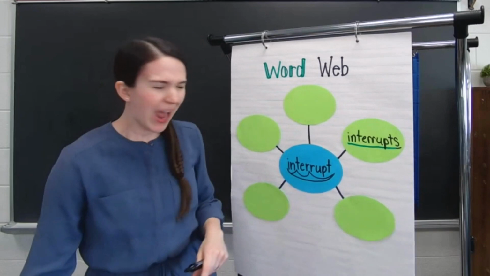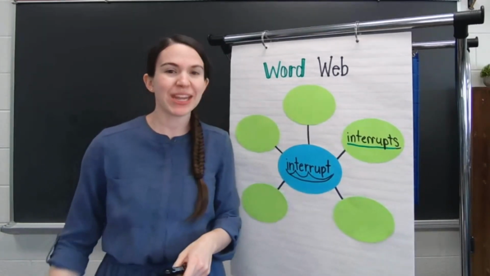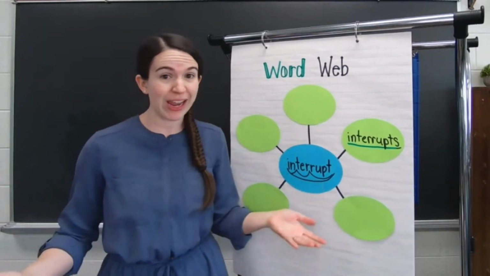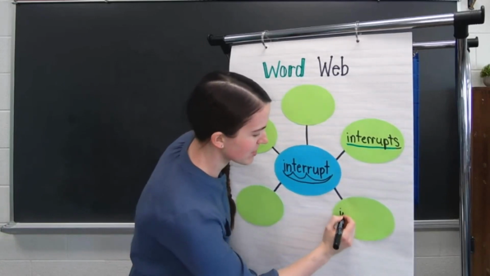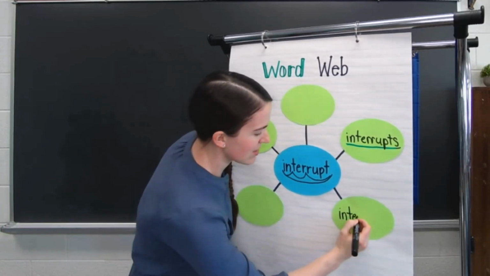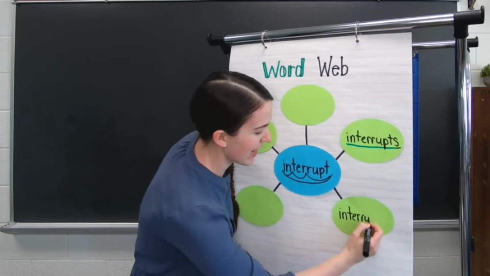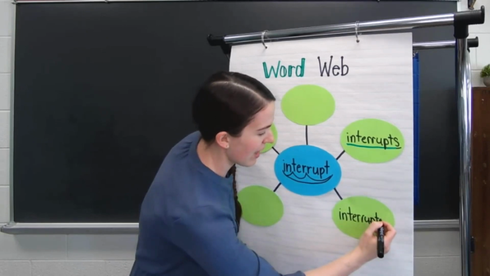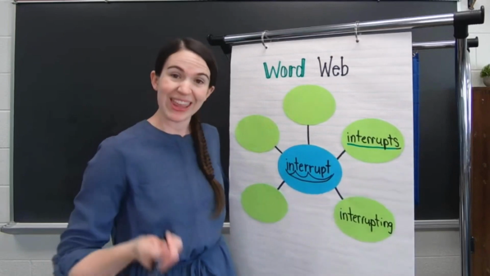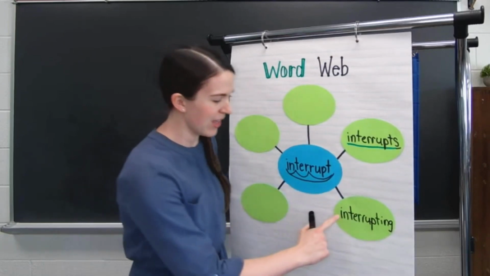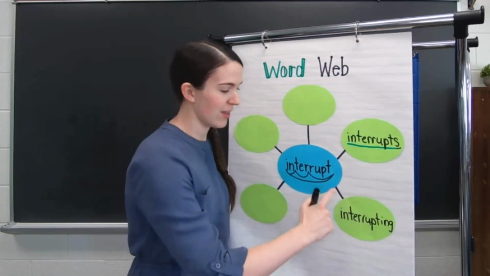Interrupts. Look how we can take the word interrupt and change it by adding a different ending to the word. Here we go. Interrupt. And this time we're going to add ing. Remember that we pronounce that ing. So the word is interrupting.